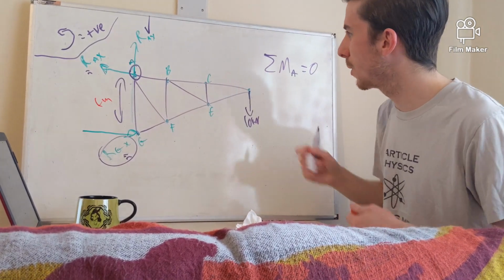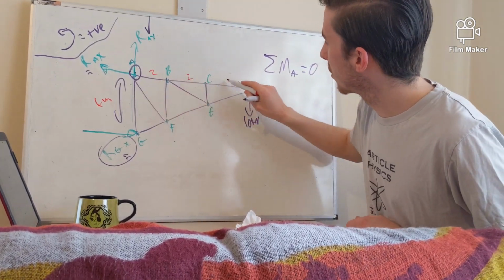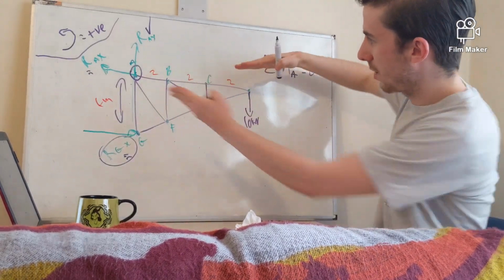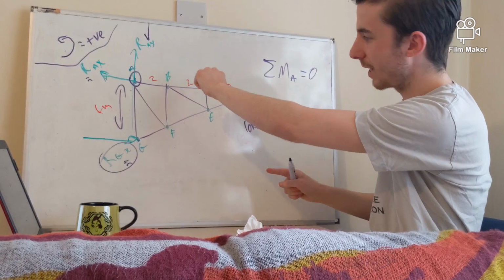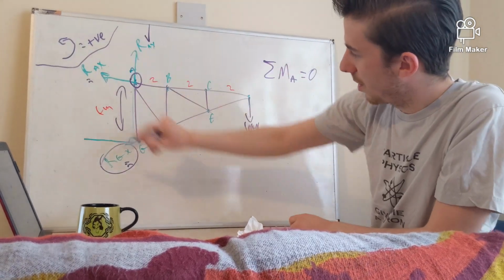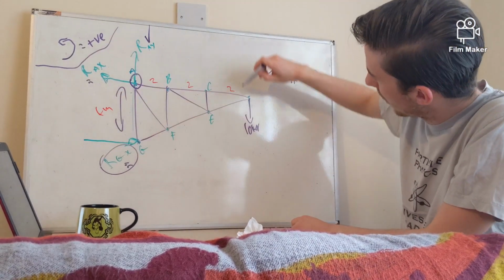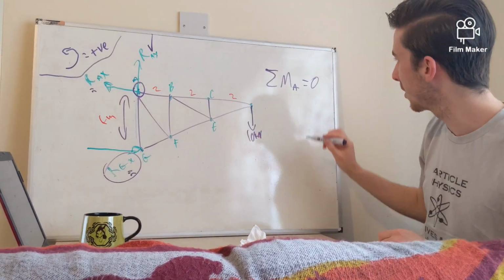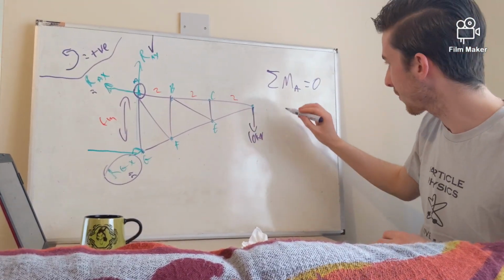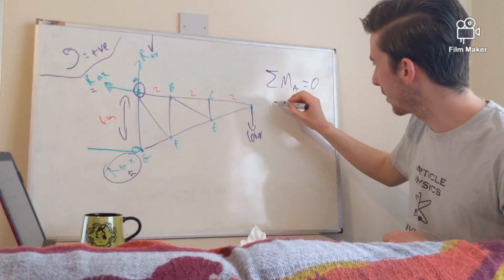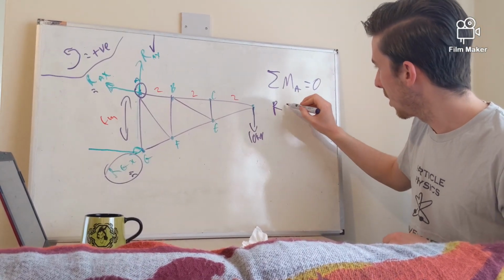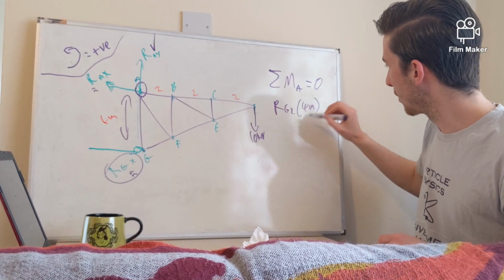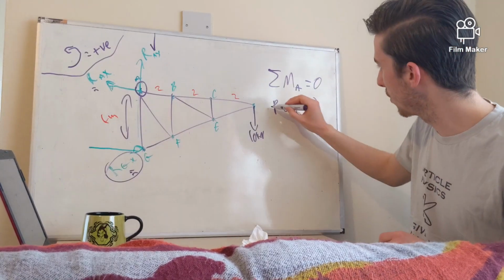Feel like it was a 4. And then these are all 2. And then we've got 10 kilonewtons spinning that way, so that must be negative. So this one's going anti-clockwise, going that way. And this one's going clockwise, so that must be negative. So we've got whatever GX is times 4 meters, and that's positive.